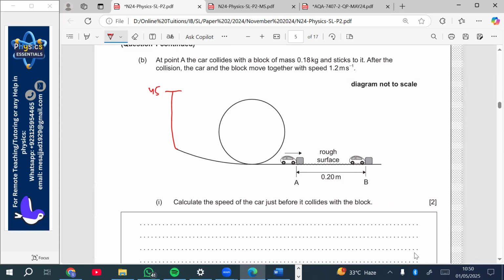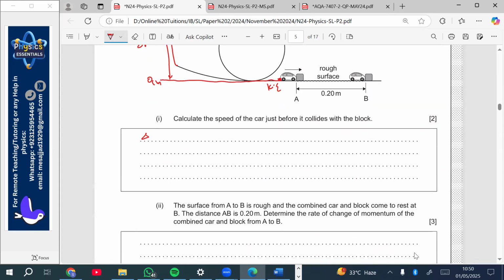So it started at 0.45 meters, and now it is ending at 0 meters. So what does it mean? All your potential energy, which was mgh, has been turned into kinetic energy at this point. So we will just write again, change in potential energy equals change in kinetic energy, mgh equals half mv square.